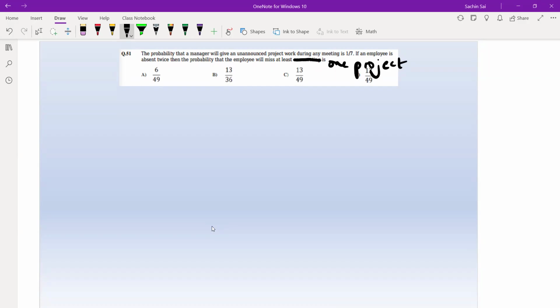So here the number of trials is 2, n equals 2. On these 2 days, the employee is definitely absent. On any of these days, the probability that a project is allocated is 1 by 7, which means the probability that it is not allocated is 6 by 7, right?